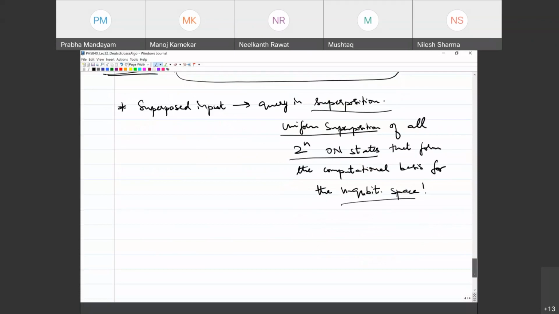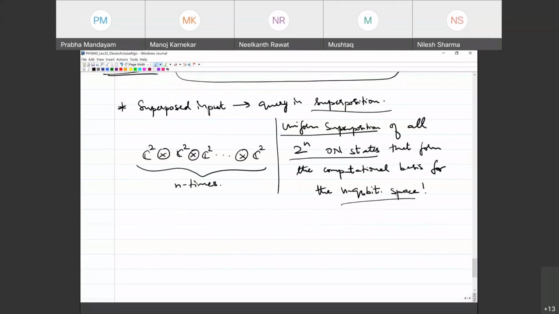So the n-qubit space is basically, like I said, C2 tensor n, right? C2 tensor C2 tensor C2, etc., n times.